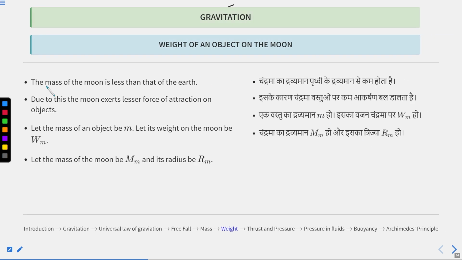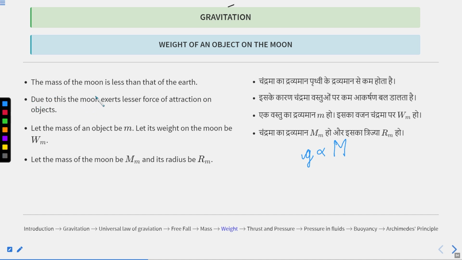We know that the mass of the moon is less than the mass of the earth, and we know that g is directly proportional to mass. It means the gravitational acceleration value of the moon will be less than the gravitational acceleration due to earth, and that's why any object placed on the moon will weigh less, because the gravitational acceleration is less on the surface of the moon.